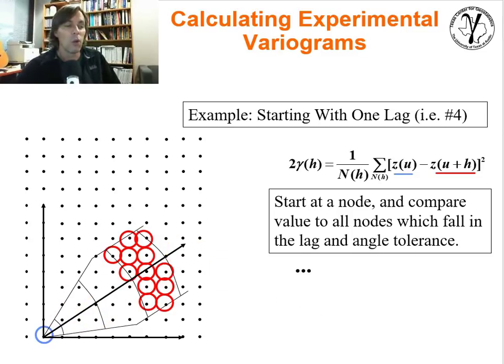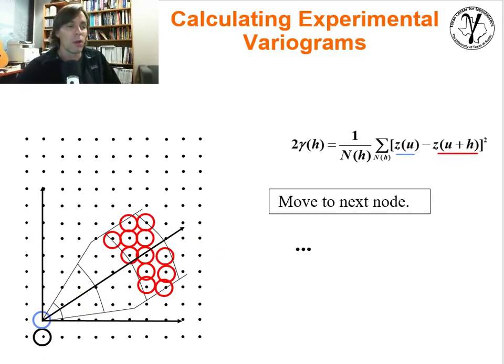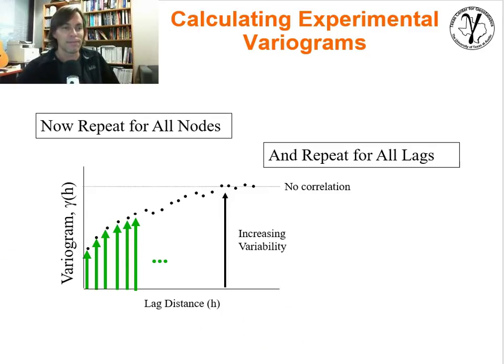Now, of course, we don't want to just do that. We'd want to move that around to all possible data locations. And as we move it around, we would identify all pairs. So imagine that template is going to scan all the way over all possible data locations, and that would identify all possible pairs within that direction.